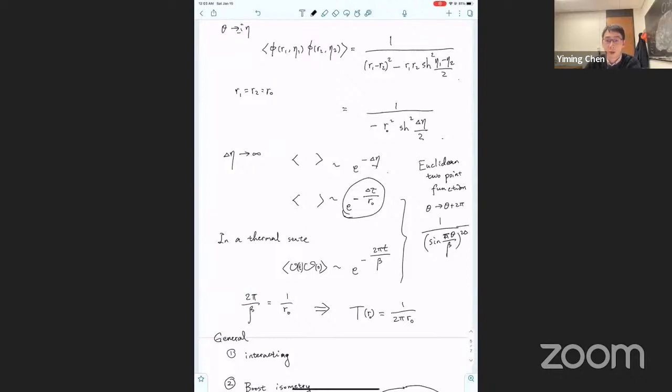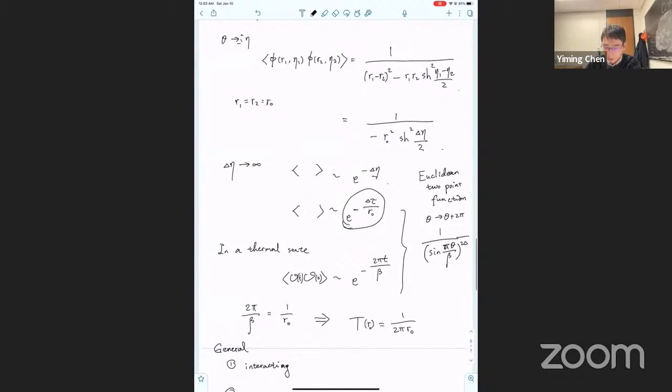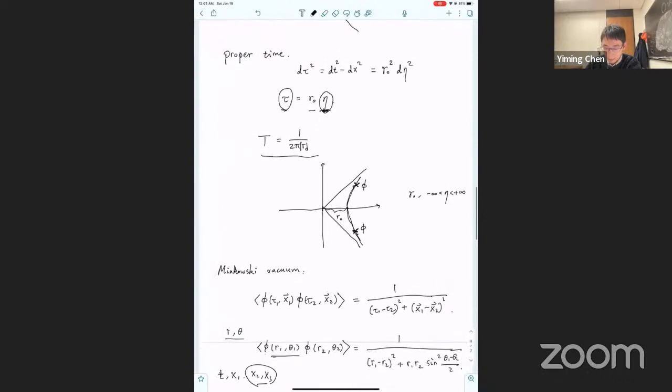And now if you continue these two to Lorentzian signature, again you will get an exponential decay with respect to the Lorentzian time. Yeah, but in the Minkowski vacuum, if you go above in your slide, just scroll on top, right there.